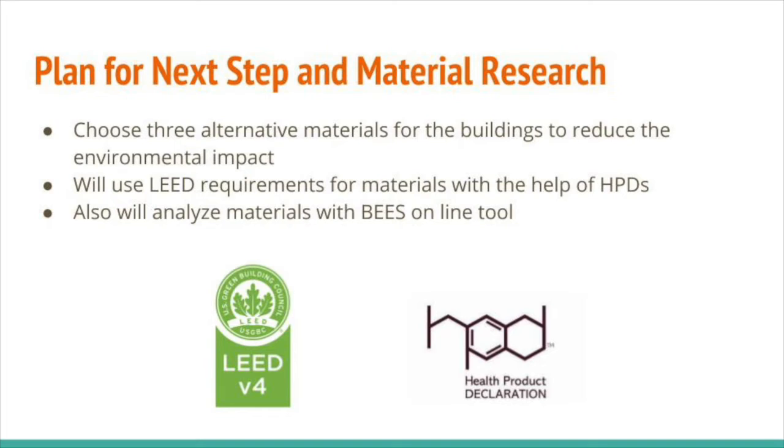We plan on following the guidelines of LEED in terms of materials and helping with HBDs. With that, we'd also like to analyze the materials with the BEES tool and hope to take it from there.